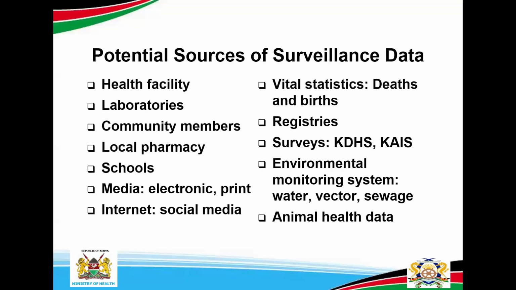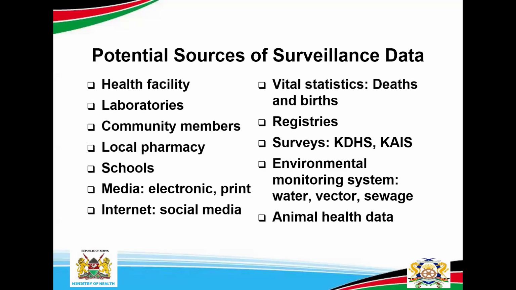In the health facility, we have the OPD registers, we have inpatient registers, and also the healthcare workers within that facility can tell you what interesting thing they've seen in that particular period or year.